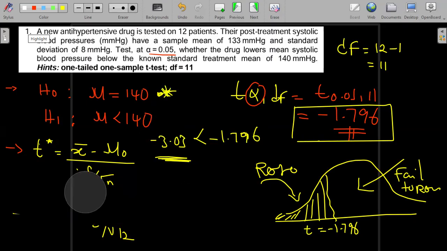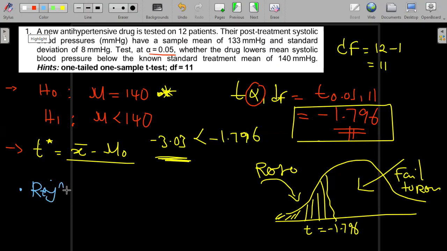So what will be our conclusion? We are going to say reject the null hypothesis.